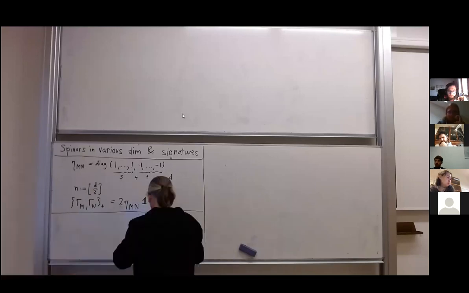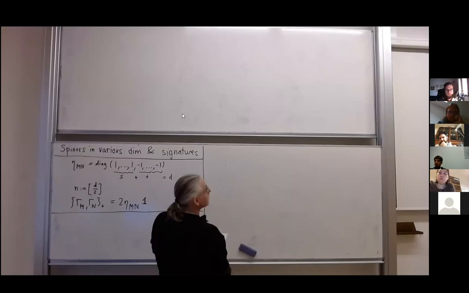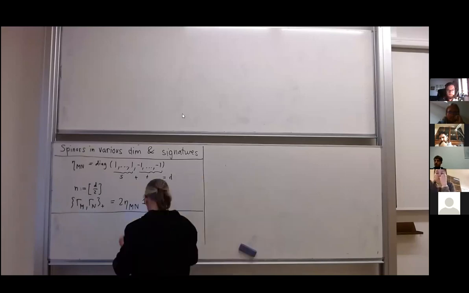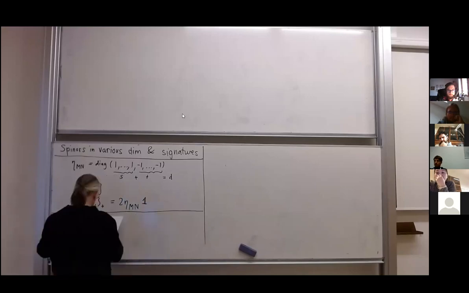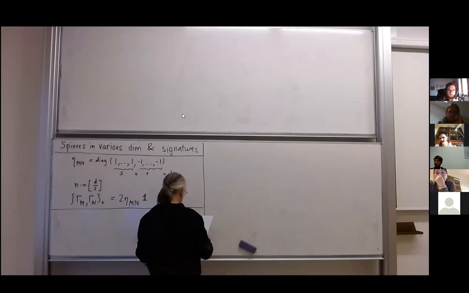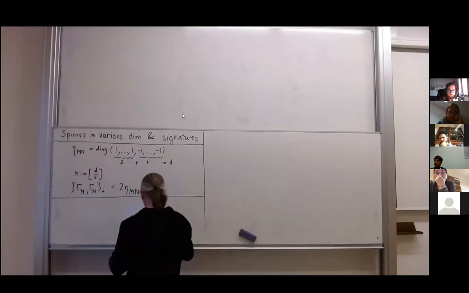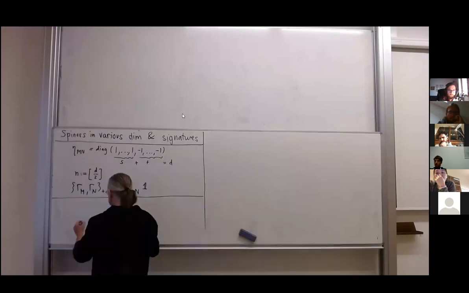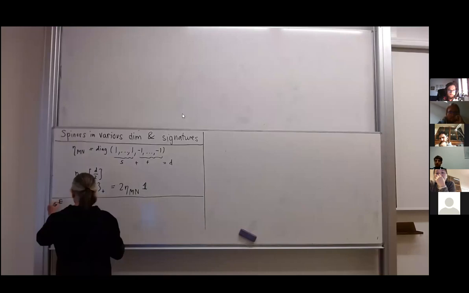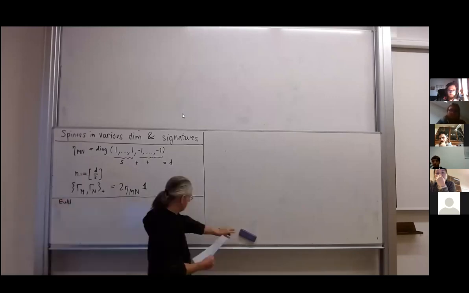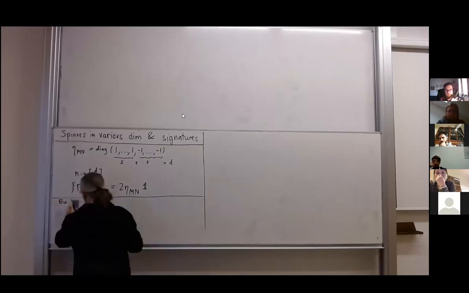So let's see. We had these half strings, and we started in the Euclidean signature.